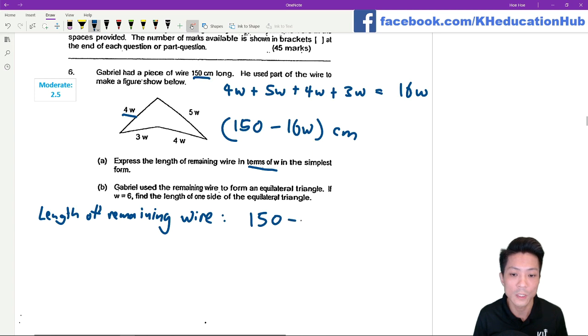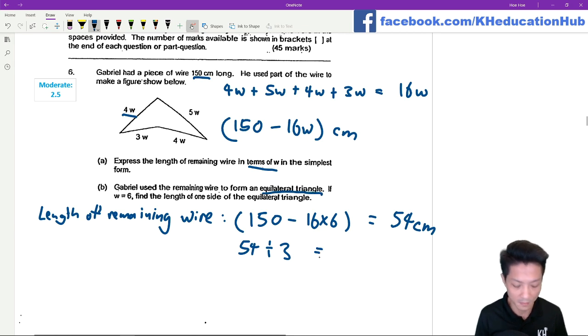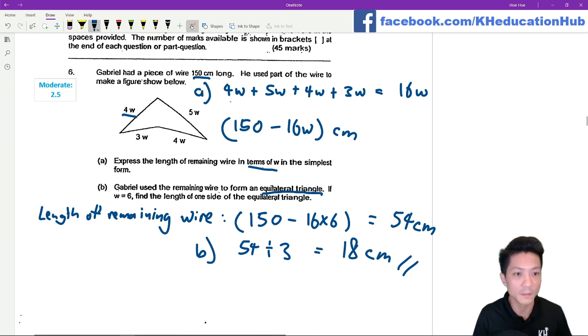I have to use 150 subtract 16 multiplied by 6, which is 54 cm, and 54 divided by 3 because it's an equilateral triangle. It's going to give me 18 cm. That will be the answer for part B. This is for part A.